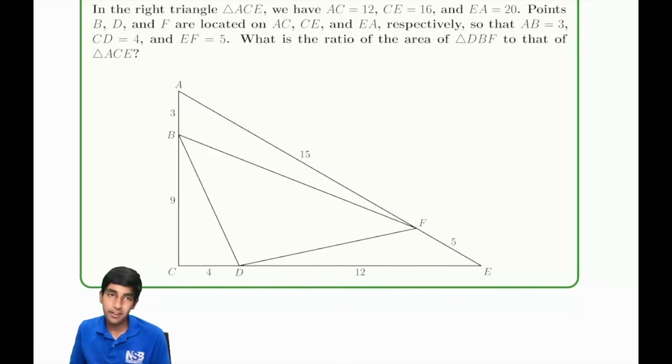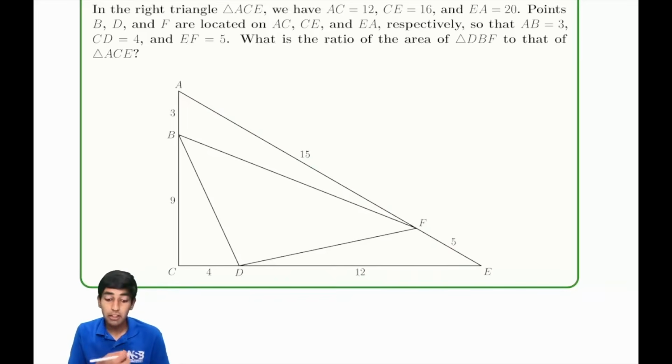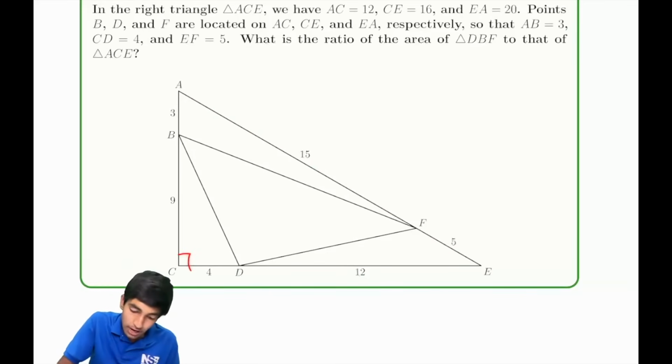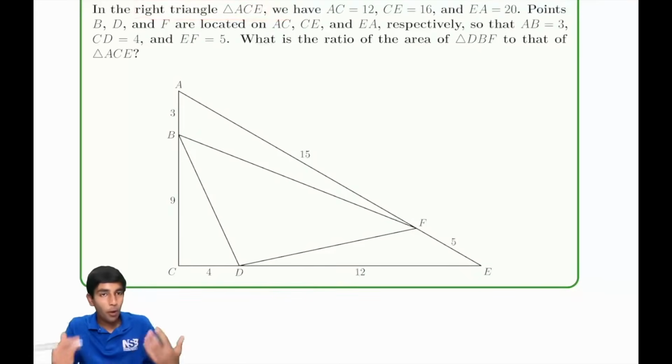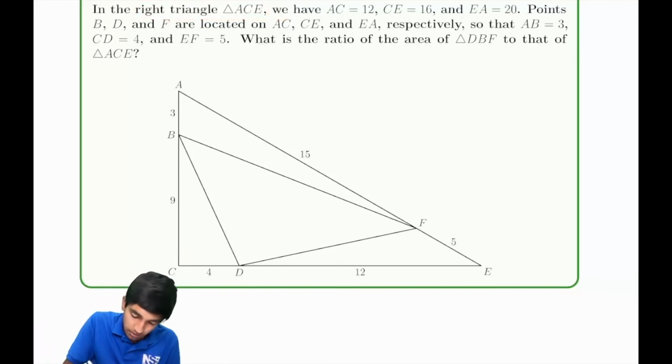Now if you know trig, there's a pretty simple solution using 1/2 ab sine C, but let's solve it the coordinate geometry way. Because we have a right triangle, these are the key words that should make you jump and be like, okay, right triangle, all points defined, coordinate geometry is going to be the way to go. So naturally, the easiest thing to do is let this be the origin.